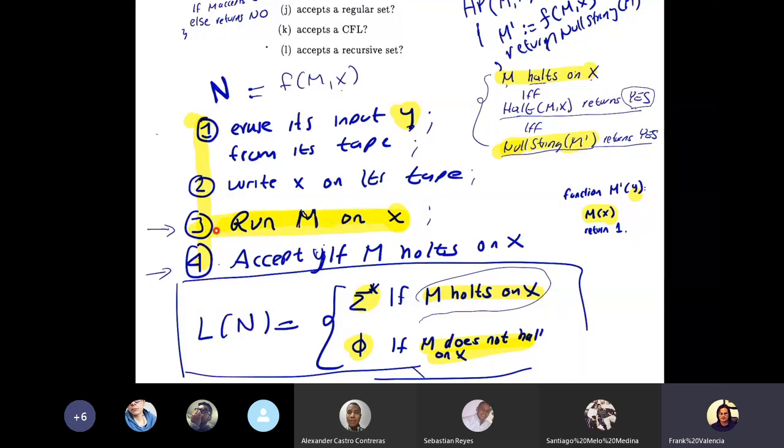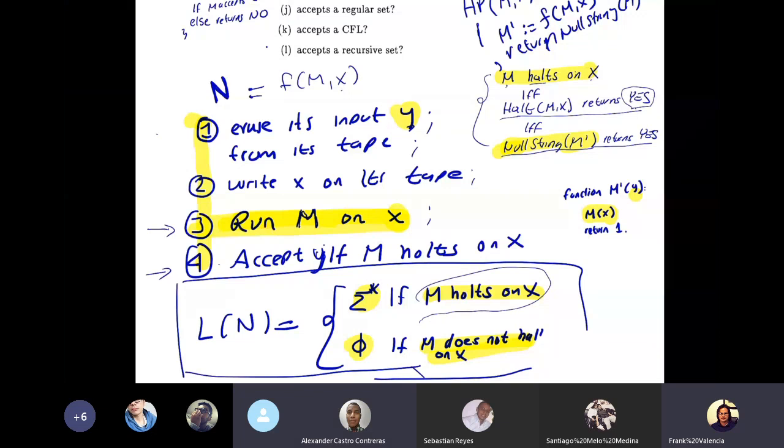Okay. So in the third step, you run M, the original machine, on X. You simulate it. So what could happen? If M doesn't halt on X, you will never reach step number 4. Do you see why? No, teacher, I don't.